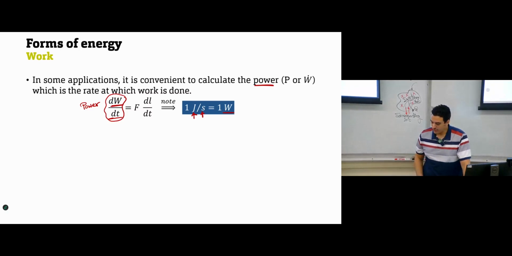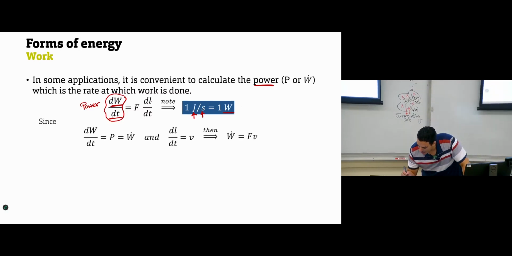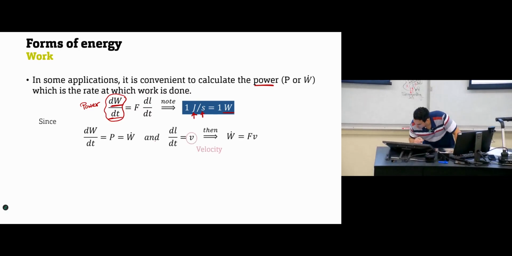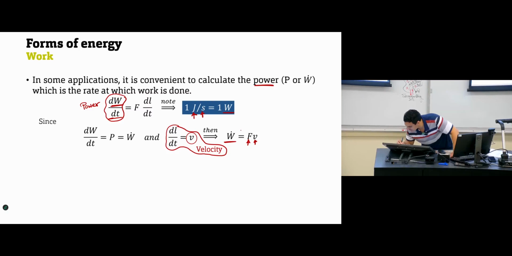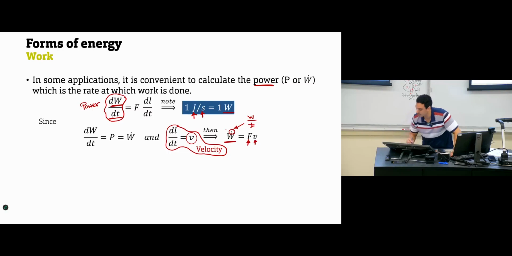Okay, so we have F dl by dt. dl by dt is equivalent to velocity. So this is why we can say the power is nothing but the force times the velocity. The dot, if you remember, means work divided by time.